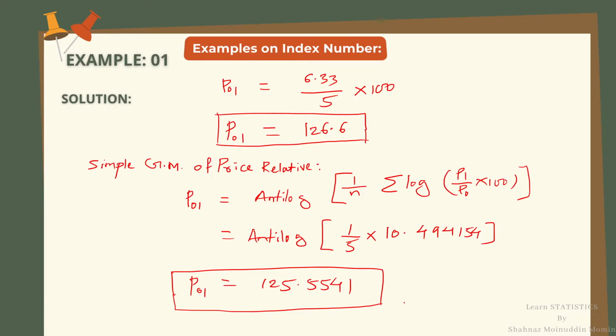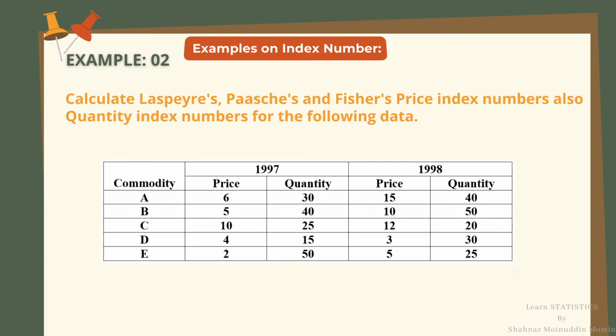Now we shall move to the next example. Example number 2. Calculate Laspeyres, Paasche and Fisher's price index number and also the quantity index numbers for the following data. Here we are given commodities A, B, C, D, E, the price and quantities in 1997 and in 1998. Here 1997 is the base year and 1998 is the current year. So we shall prepare the calculation table.